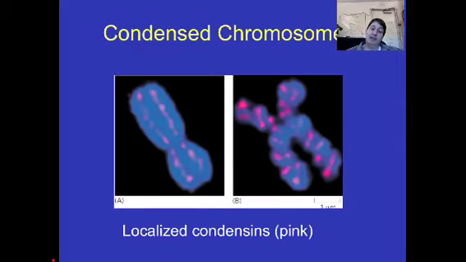In this fluorescent micrograph, you can see in both panel A and panel B pink, and the pink is staining for, I believe it is condensins. So the condensins are what are creating the loop structure, and you can see them the whole length of the sister chromatids.